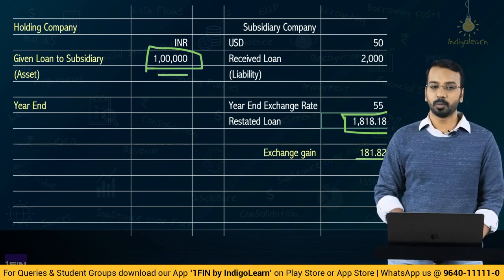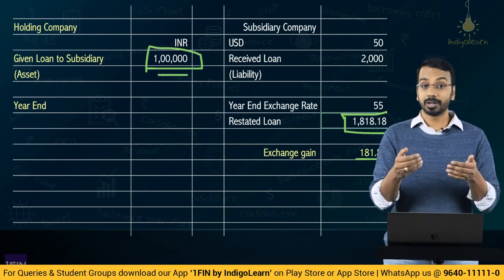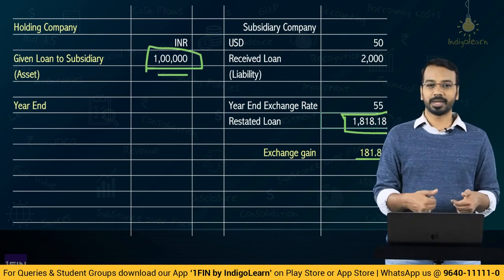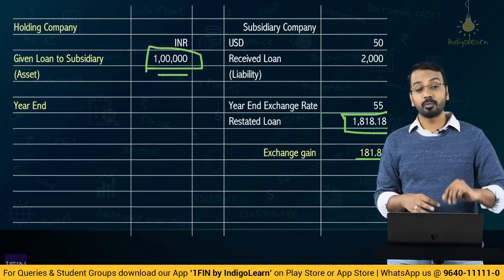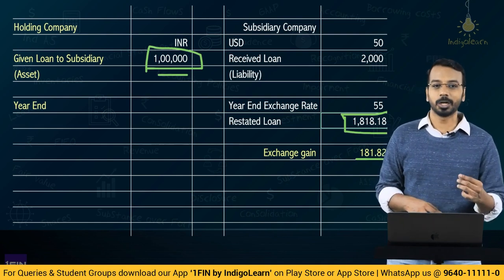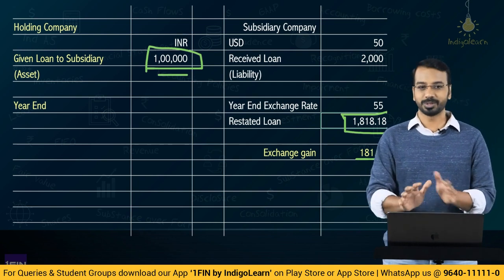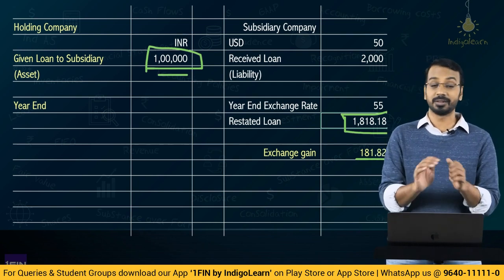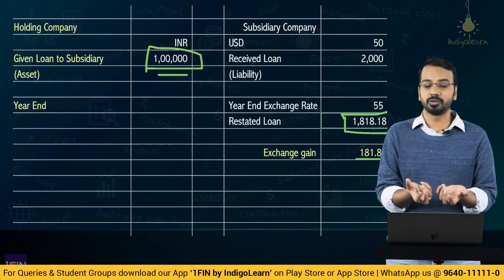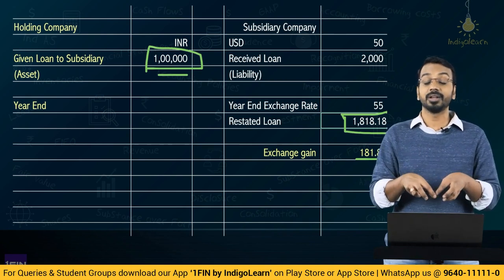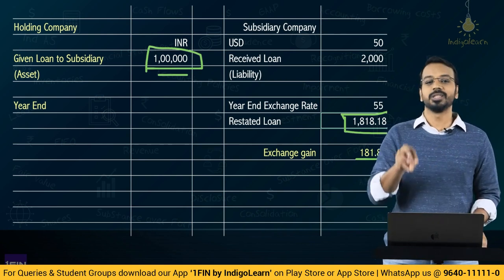We are left with this 181 or 182 of USD balance in our pocket. See, I got $2,000. I gave $1,818 back to the holding company. I am left with $182. I am just rounding the number so that it is easier for us to understand. This $182 is actually the cash in hand with the subsidiary, right? So, this is a gain.